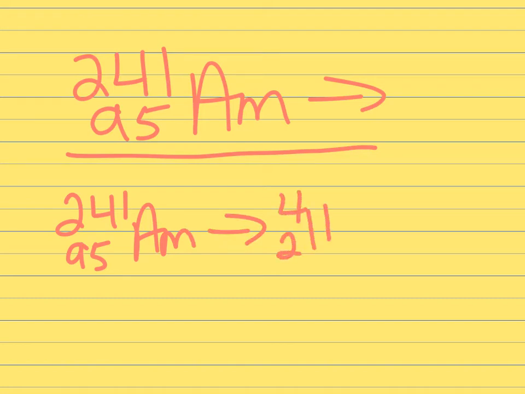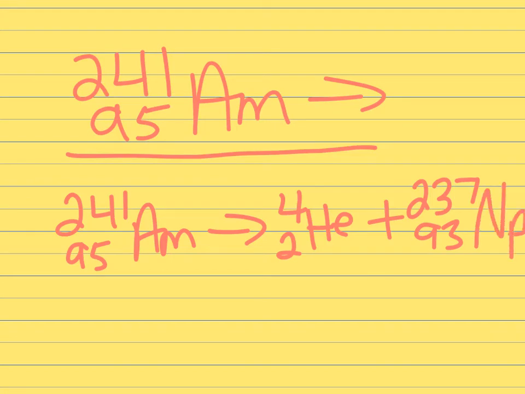Well, alpha decay is the release of a helium nucleus. That means that the daughter substance would be 237 neptunium.